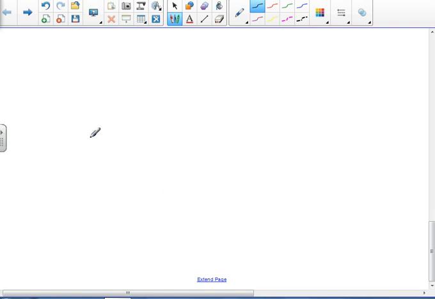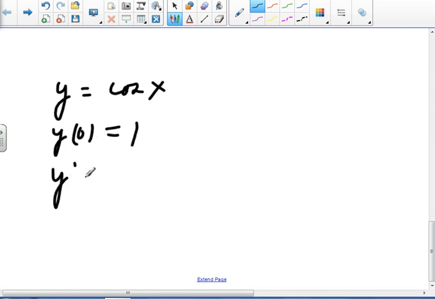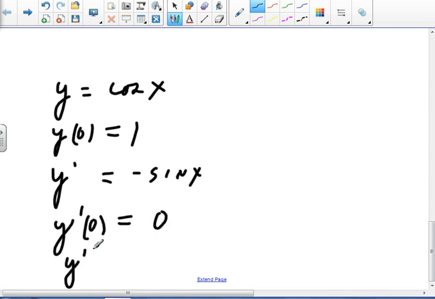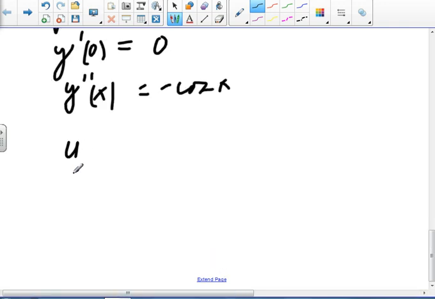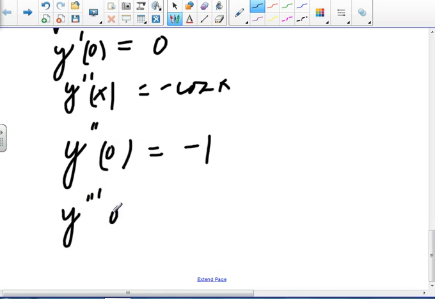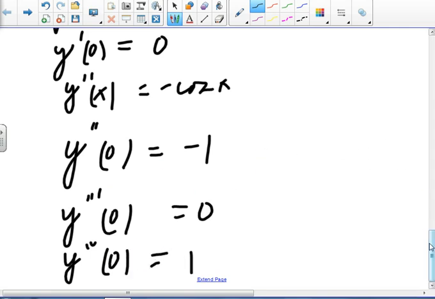I can do the same thing with cosine. So if y were cosine x, y at 0 would be 1, y prime would be minus sine x, y prime at 0 would be 0, y double prime would be minus cosine, and y double prime at 0 would be minus 1, y triple prime at 0 is going to be 0, and then it starts all over again, and the fourth derivative is going to be 1 because it's repeating.